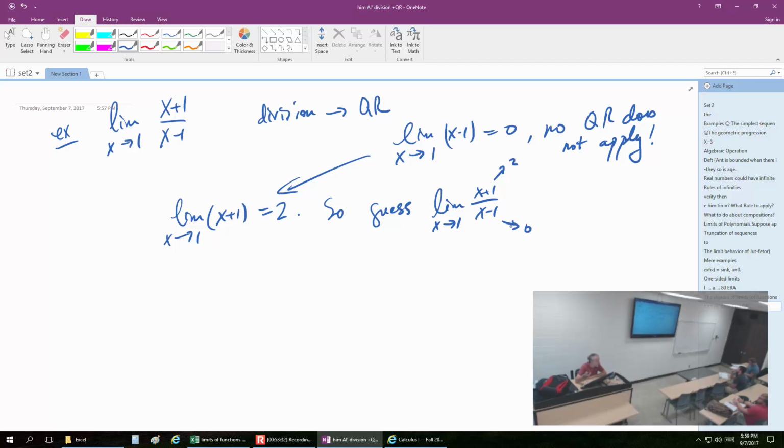Well, if they were sequences, you probably wouldn't hesitate. The numerator goes to 2, the denominator goes to 0. Where does the whole thing go? 1? No. You divide by a number that is small and small and small. Does it go to 0?